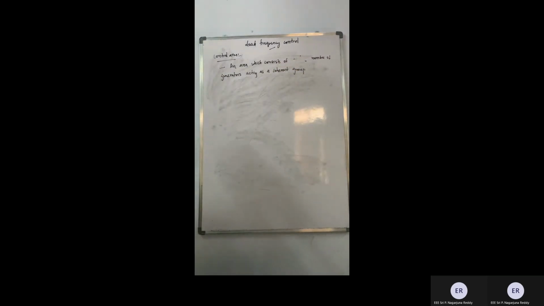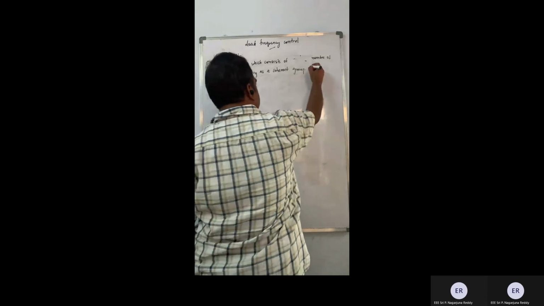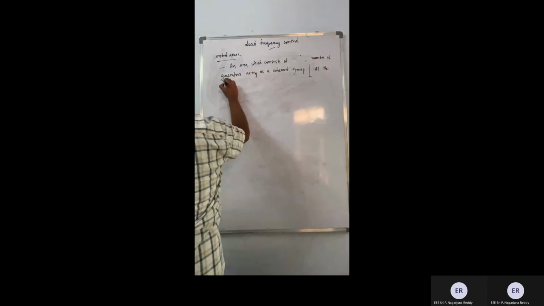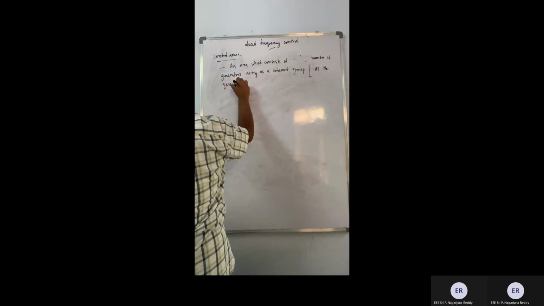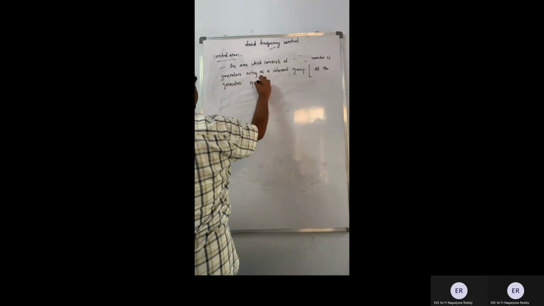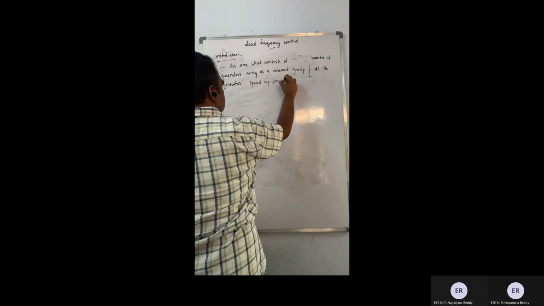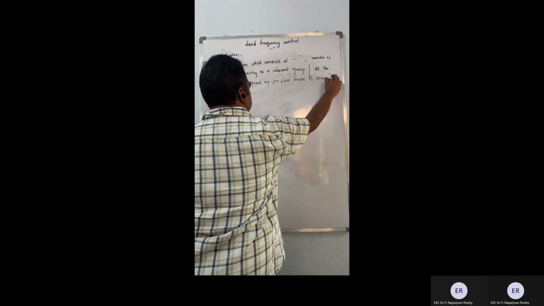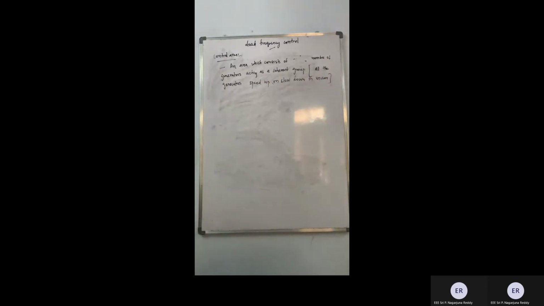So what do you mean by coherent group? Coherent group means that all the machines, all the generators, either they speed up or slow down in unison, which means that they will behave in the similar fashion. This particular area, which consists of number of generators, all working in unison, is called as control area.